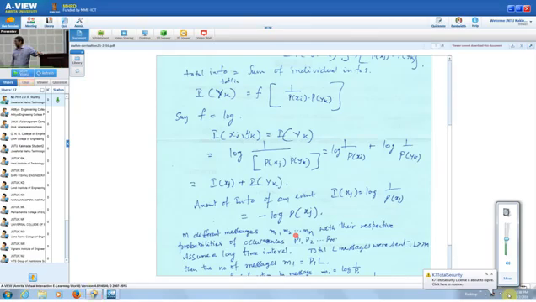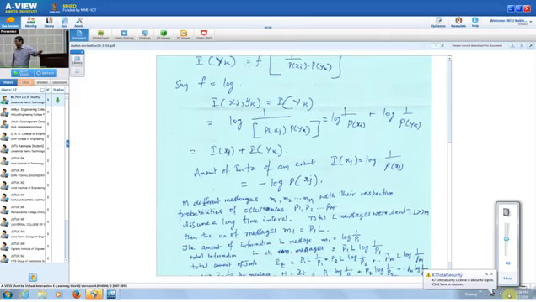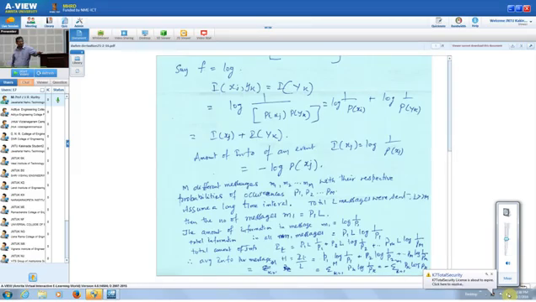Say that the probability for every message to occur is P1, P2, etc., PM. They are the probabilities of each and every message. Are you following here? You have M messages to be transmitted, and the probability of each happening is P1, P2, like that.